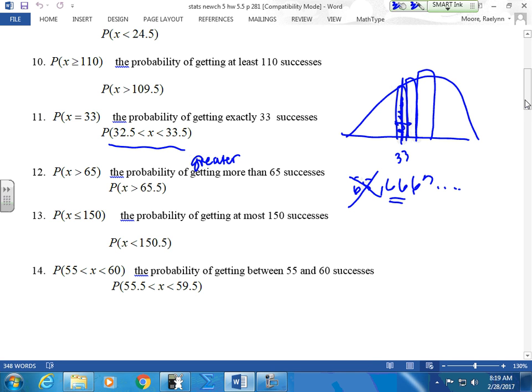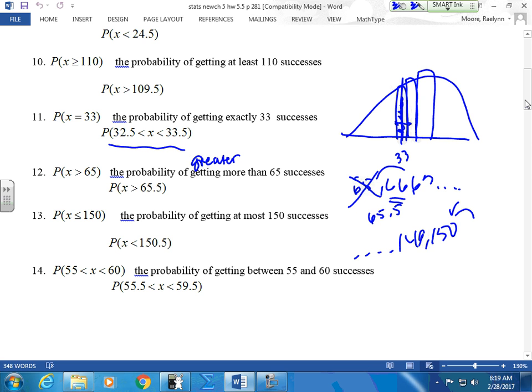So I'm going to drop my lower end to 65.5 and make my inequality statement. Probability that x is less than or equal to, you could say less than or equal to. Another word we use for that is at most. That's the most I could get. So can I use 150? If I can get that, yes. So I take this and I boost that up 0.5.